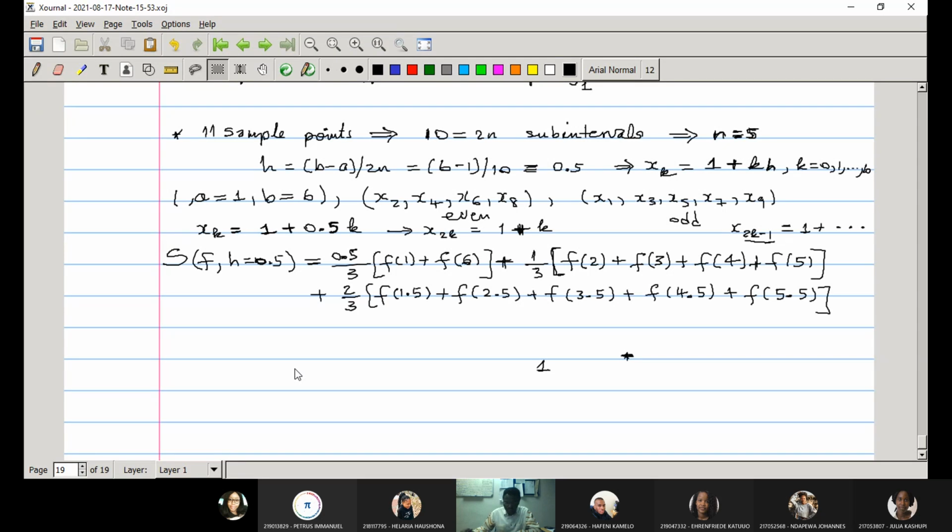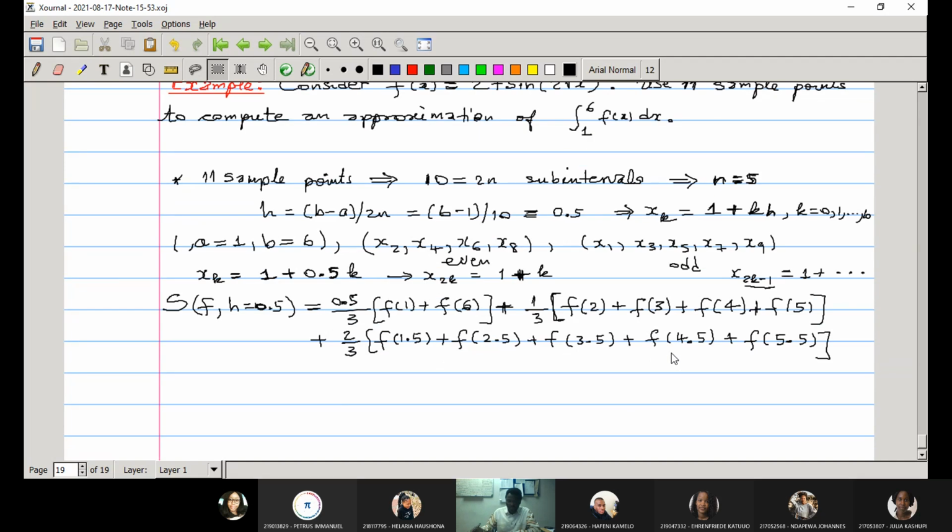Okay, what I'm trying to say, to make your computation easier, you can write that the summation is this one, right? So we have 0.5 here, or this is 1 by 6, because 0.5 is 1 by 2, so this factor will be 1 by 6.